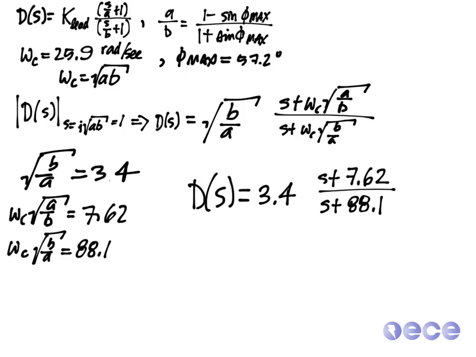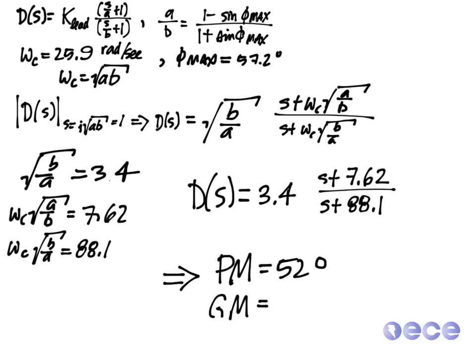So if you add D(s) to GOL and then check MATLAB to see what the answer is using margin this time, you should get a phase margin equal to 52 degrees and a gain margin equal to 12.94 dB, which equals 4.4.